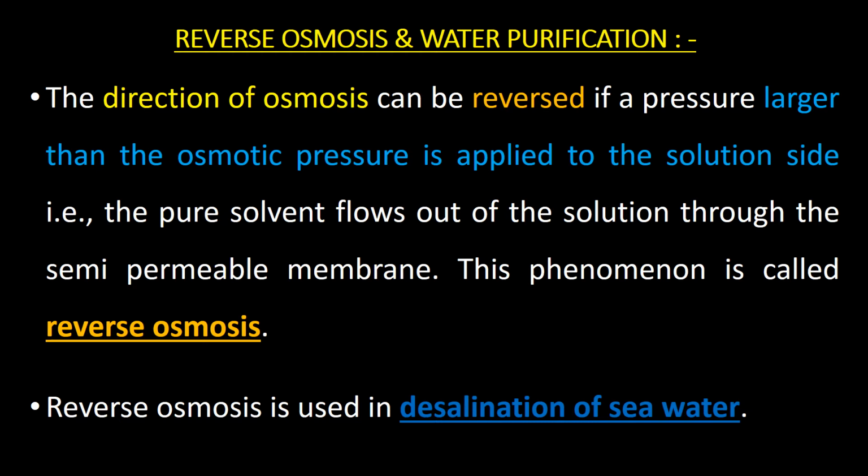That is, the pure solvent flows out of the solution through the semi-permeable membrane, and this kind of process is known as reverse osmosis. And this reverse osmosis is used in the desalination of seawater.